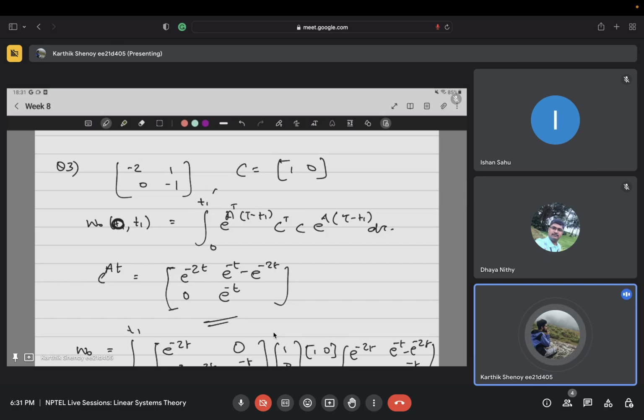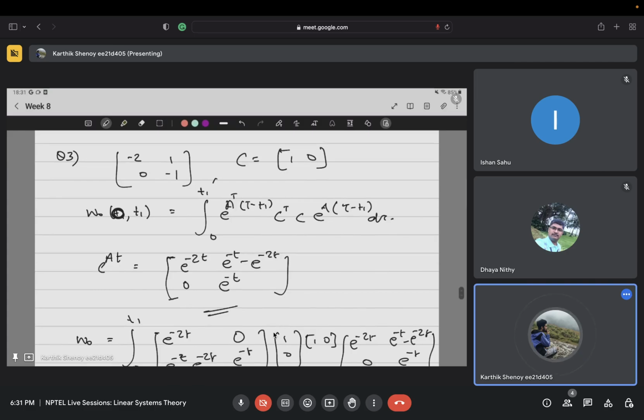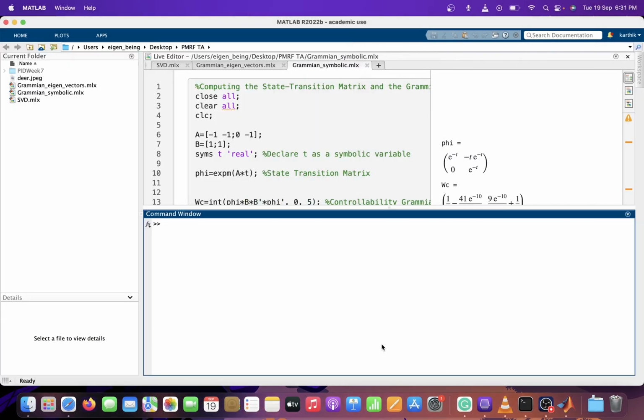No, I think it's correct. Let me just verify that. By the time, maybe you can verify if whatever I have written is correct. I'll just check that again. A is minus 2, 1, 0, minus 1.